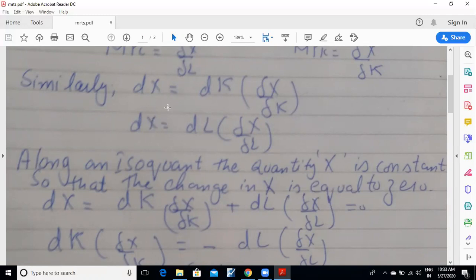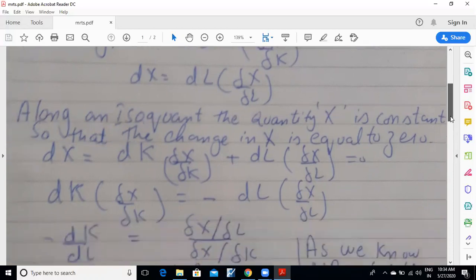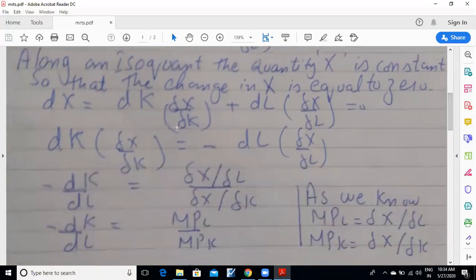We know that the total derivative includes capital and labor, so we add them: dK partial X over partial K plus dL partial X over partial L. This total derivative dX is equal to 0 because along any isoquant the output is constant.